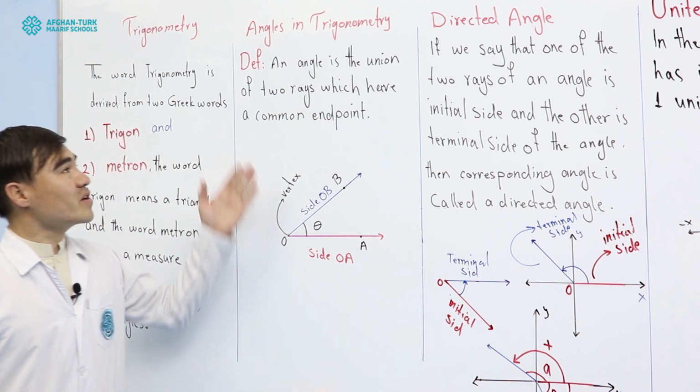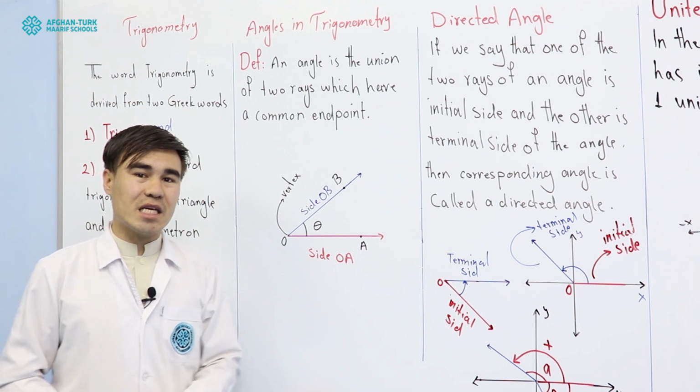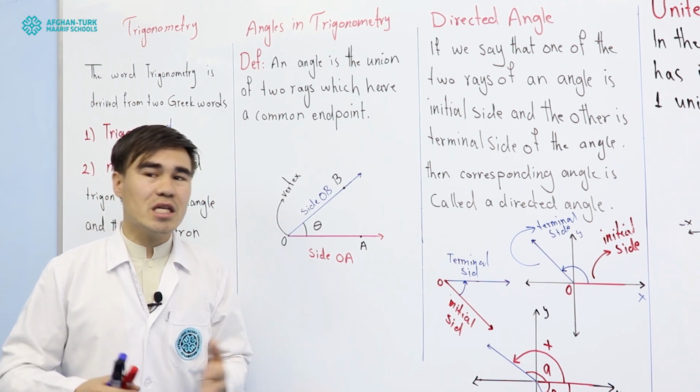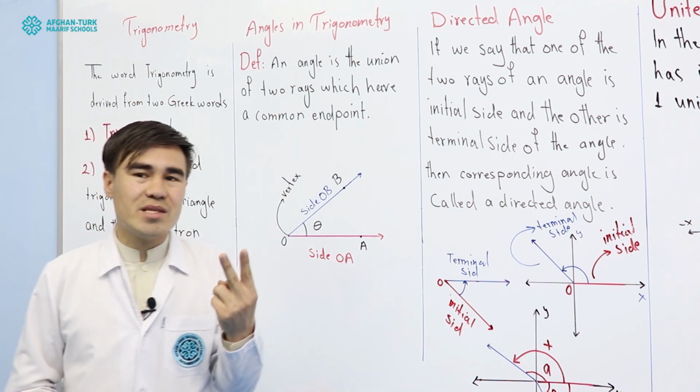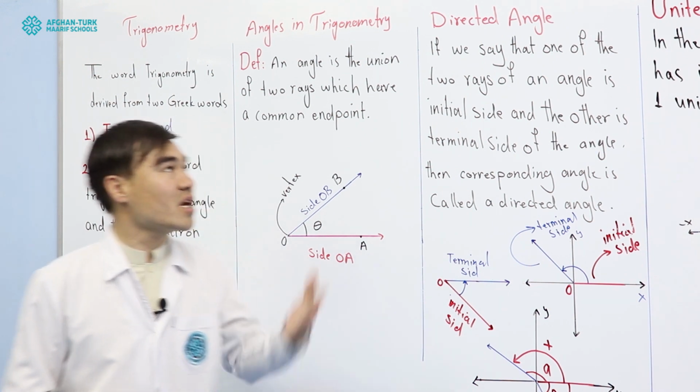First of all, we must know what angles are in trigonometry. As we studied in geometry, an angle is formed by two rays which have a common point, which is called the vertex.